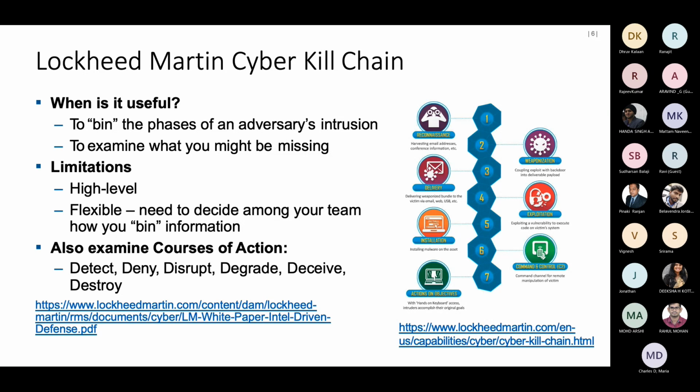But you do not get information in terms of their capabilities here. You do not get information in terms of the infra here, and you do not get information in terms of who their victims are. If these are additional three things that you require, then this is not the right framework to use.